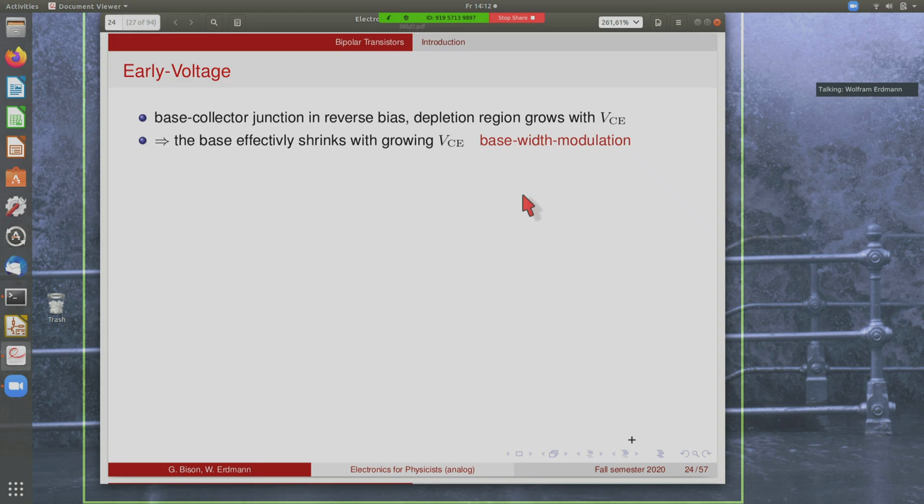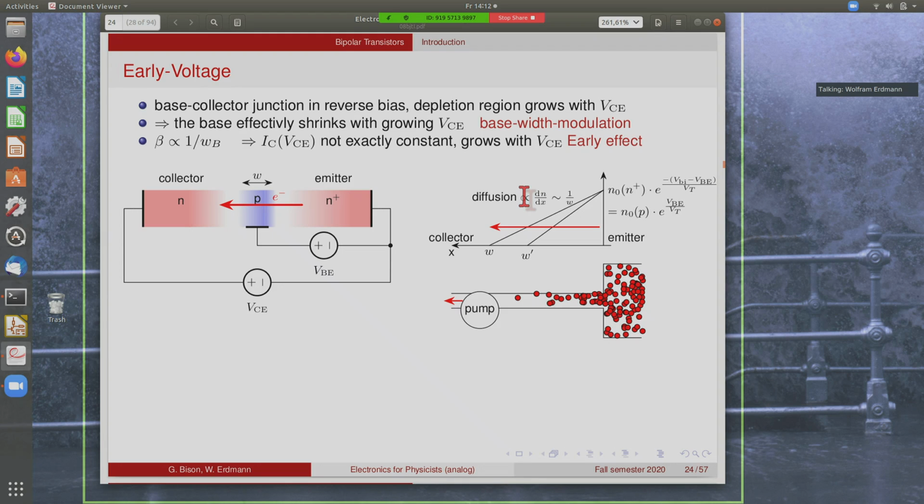Maybe remember this from the diode, where we also saw this growing depletion region, which was, for instance, used in varactor diodes, where the capacitance of this depletion region was varied by varying the voltage across it. Now, if the depletion region between the collector and the base grows, that means that the effective width of the base becomes smaller, because this depletion region starts eating into the base.